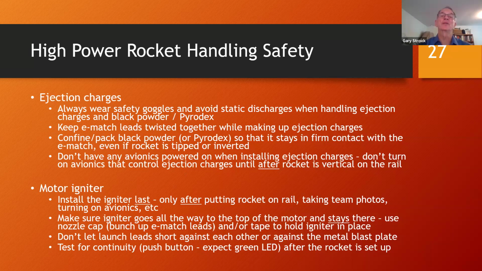Because if there's a short, then when we try to fire it, it's not going to work. If both the alligator clips are sitting on the blast plate, that could happen. In fact, it just happened at the last launch I was at. So you really need to make sure they are hanging in the air separate from one another, or on the ground or somehow separated so that doesn't happen.